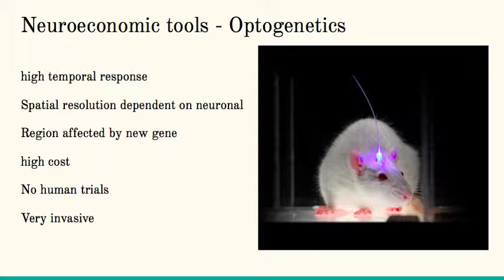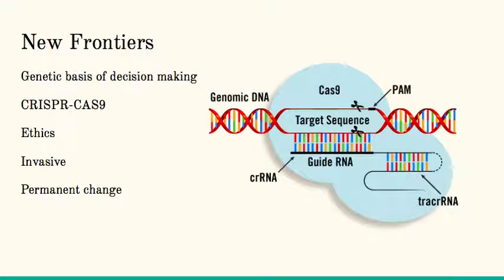And if you understand the genetic basis of these regions, you can really do a lot to play with how these, to augment these regions of the brain to do any number of things.